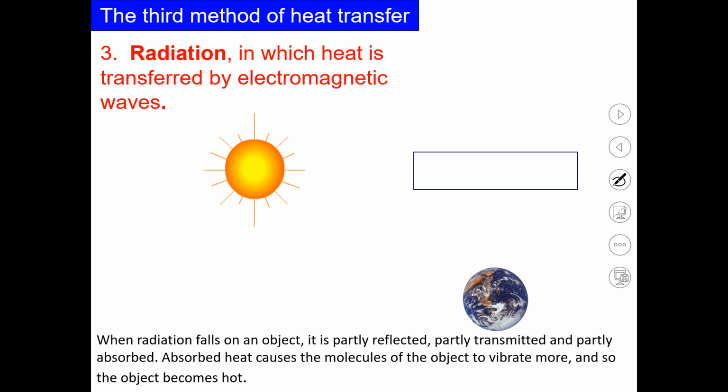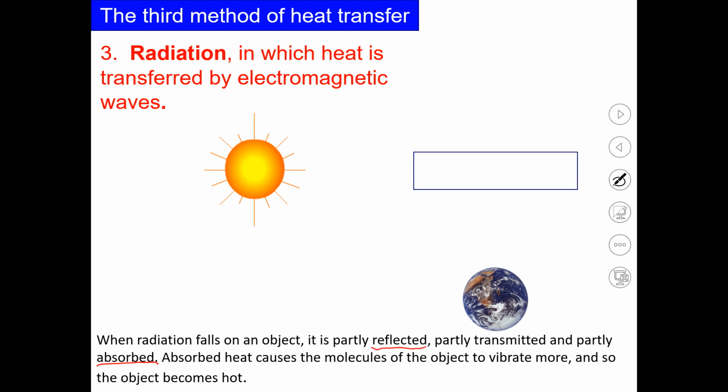The third method of heat transfer, radiation. Radiation is the process in which heat is transferred by electromagnetic waves. For example, from the sun, when radiation falls on an object, it is partly reflected, partly transmitted, and partly absorbed.